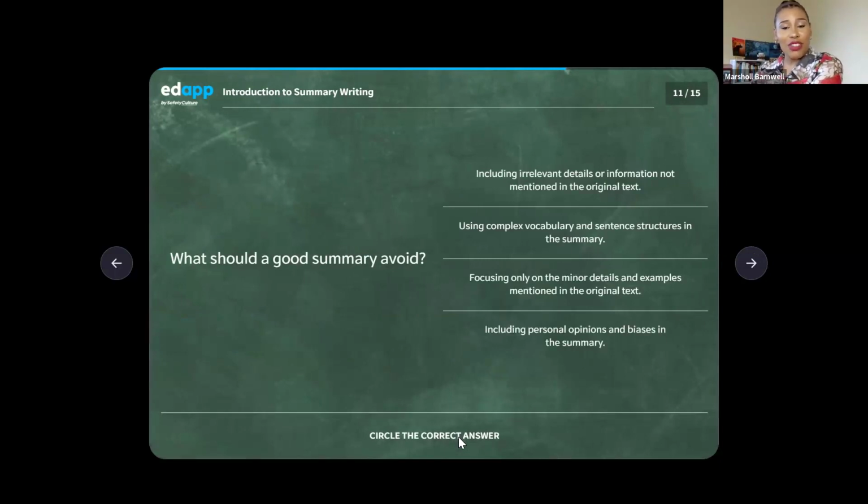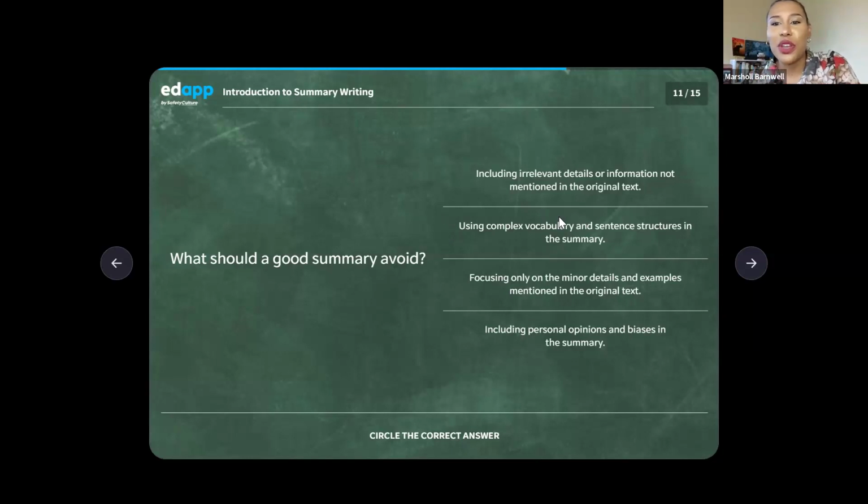So a good summary should avoid irrelevant details or information not mentioned in the original text. Should it avoid complex vocabulary and sentence structures in the summary? Should it avoid focusing only on the minor details and examples mentioned? Or should a good summary avoid including personal opinions and biases in the summary? And you're to circle the correct answer.